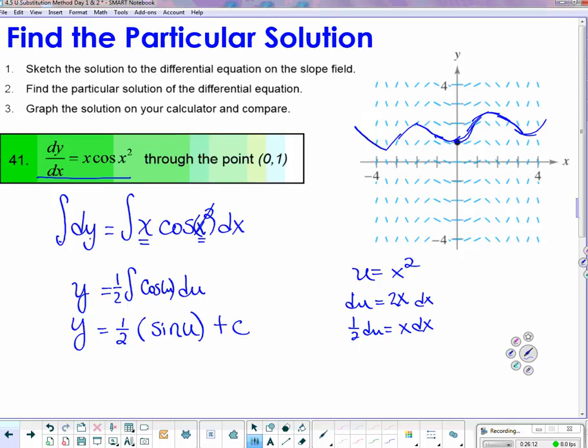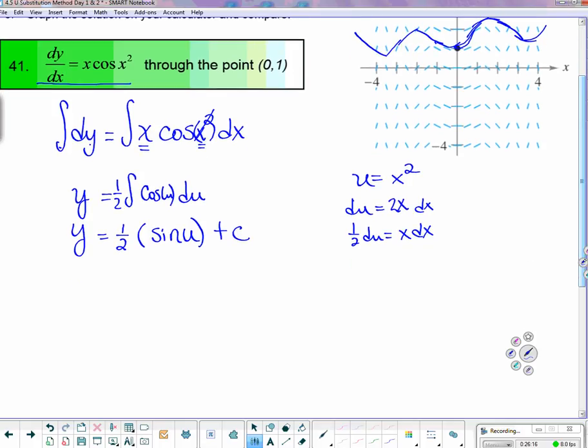Now we have this going through 0, 1. But those would be x, y points, and I have u and y going on right now. So let's get ourselves back to x values, swinging back our u with our x squared.